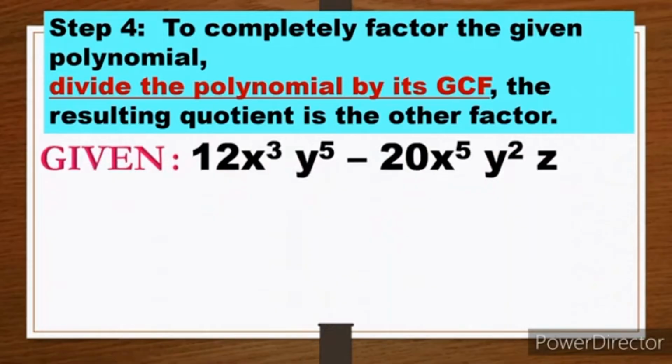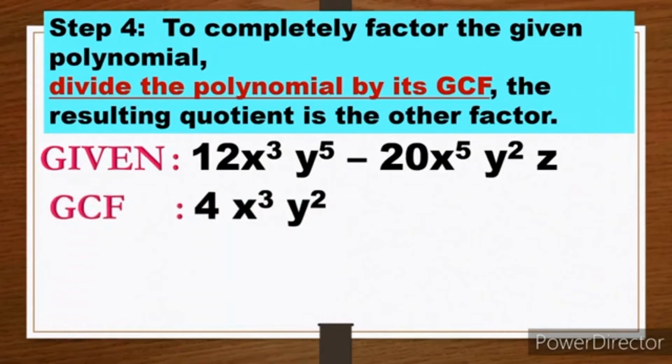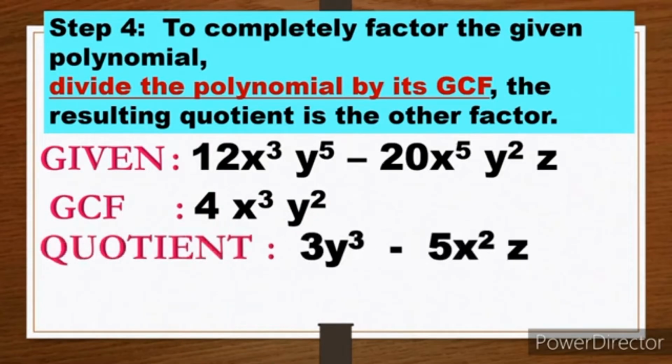So we have 12x cubed y raised to 5 minus 20x raised to 5 y squared z. Then the GCF is 4x cubed y squared. I-divide natin yung given polynomial by the GCF, which is 4x cubed y squared.